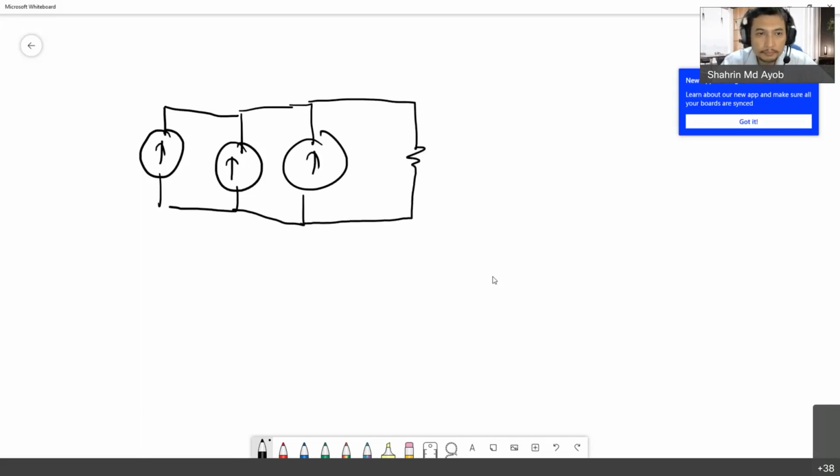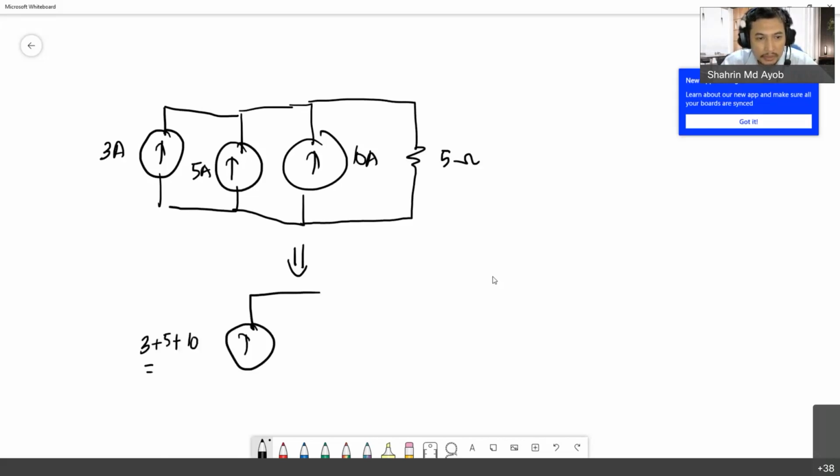This is 3 ampere, this one is 5 amp, this one is 10 amps, and this one is 5 ohm. You can simplify this by summing up all the current sources. So you have a single current source, which is 3 plus 5 plus 10, which is 18 amperes, with a single resistor, 5 ohm.